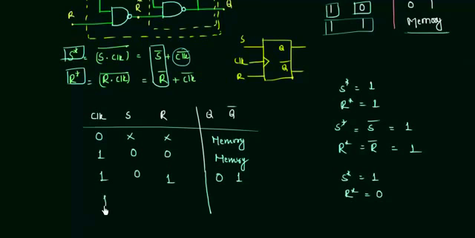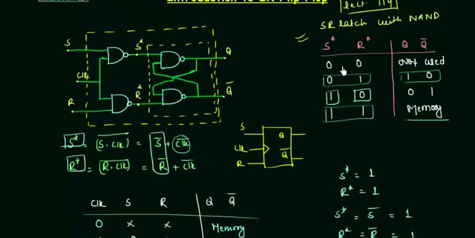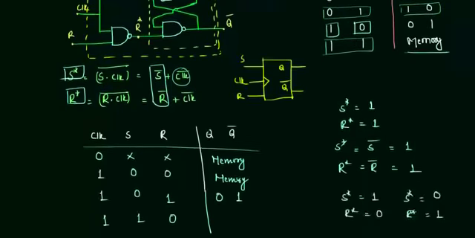Now we will see for the next case when S is 1 and R is 0. So let's see what will be the value for S star and R star. In this case S star will be 0 and R star will be 1. Now let's see from this truth table, the truth table for SR latch with NAND gate. When S is 0 and R is 1, we are having Q as 1 and Q complement as 0.